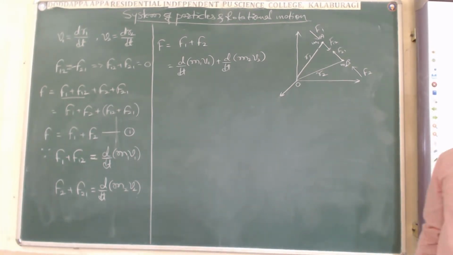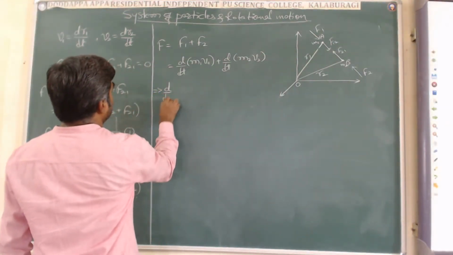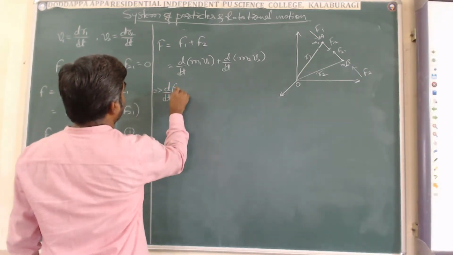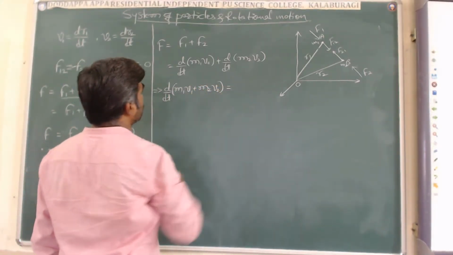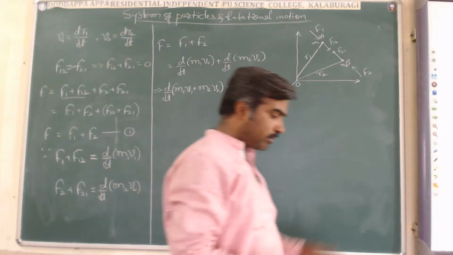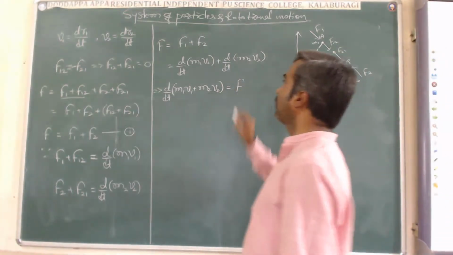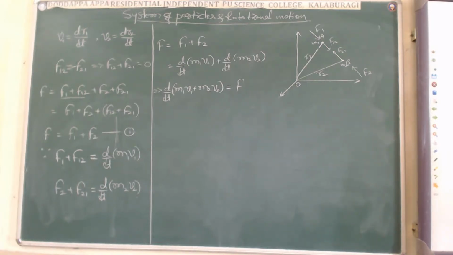This is d by dt of m1 v1 plus m2 v2, which we can write as the net force on the system, and that net force is nothing but F1 plus F2.